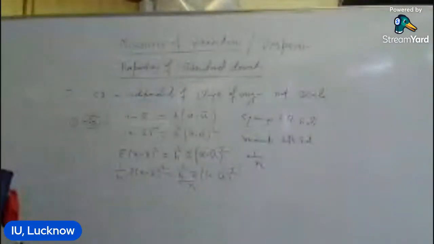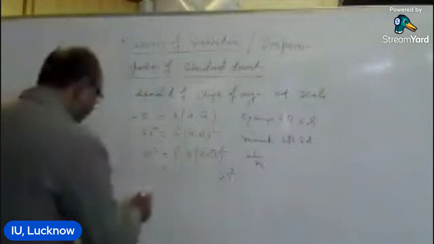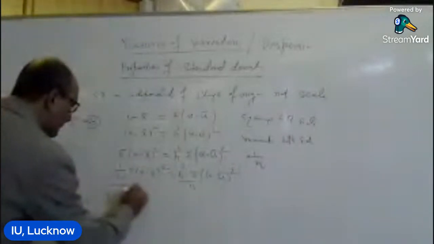Now taking the square root, we get the square root of 1 upon n summation x minus x bar square equals h times the square root of 1 upon n summation u minus u bar whole square. So this is nothing but the standard deviation of x is equal to h times the standard deviation of u.